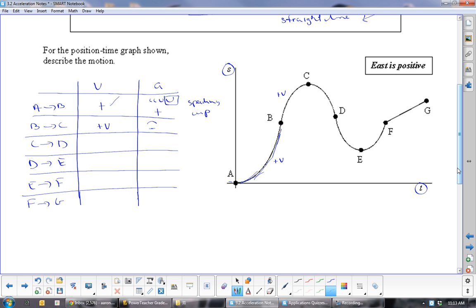So that would be slowing down. Okay, let's go from C to D. C to D would be negative velocity, right? And negative acceleration, because it's concave down. That would be speeding up.